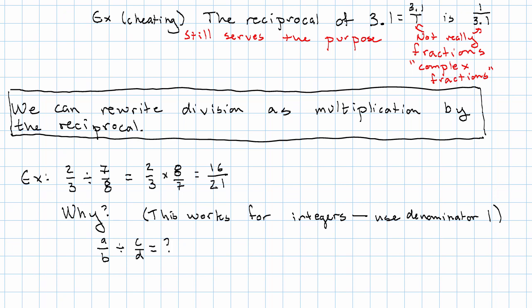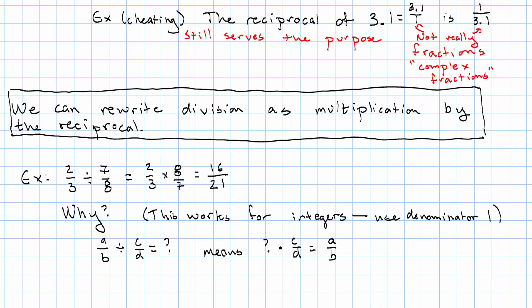The question a over b divided by c over d equals what means what times c over d gives me a over b.